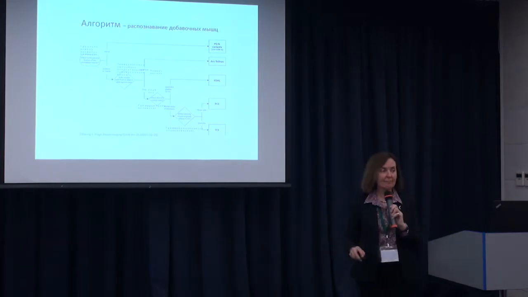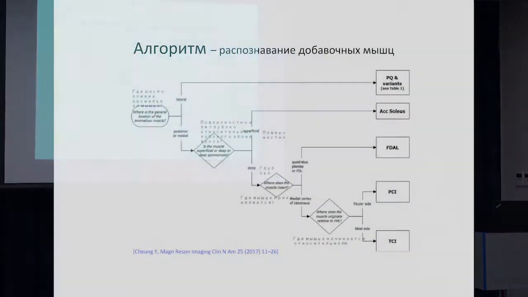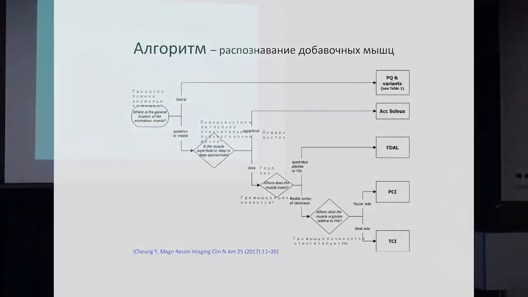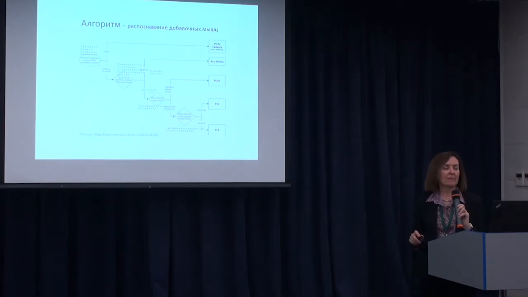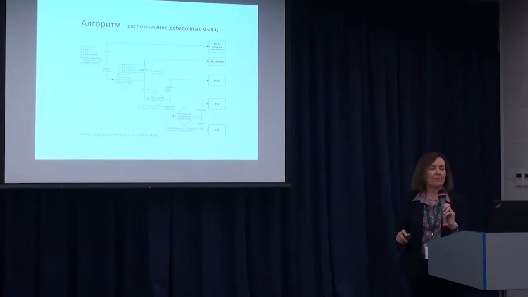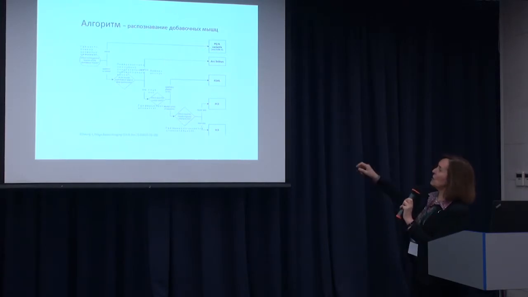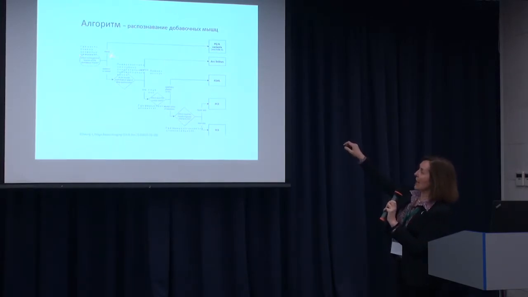So there's a really nice little algorithm that's useful in terms of trying to work out which accessory you might be looking at. So going by where the problem is, lateral or medial, really helps to direct you.